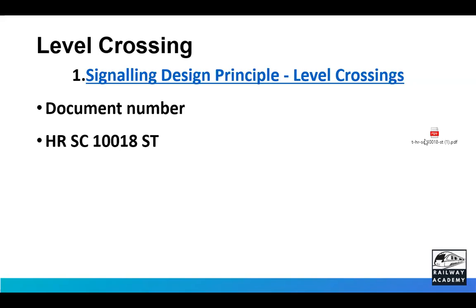There are two types: road vehicle crossing with pedestrian crossing, or only pedestrian crossing. Then, coming to the level crossing again, you can have only flasher lights. There is no gate. Either for the pedestrian crossing, only flasher lights will be there, or for the main gate where vehicles are crossing, only flasher light is there.